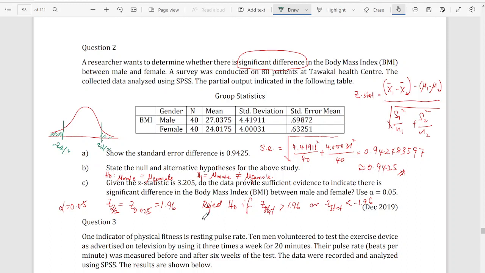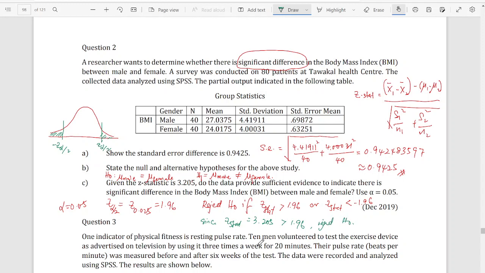Okay, so here you have since Z stat is equal to 3.205 which is greater than 1.96. So in this case you reject H0.